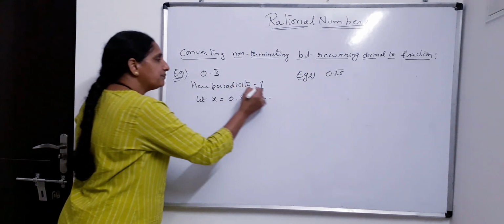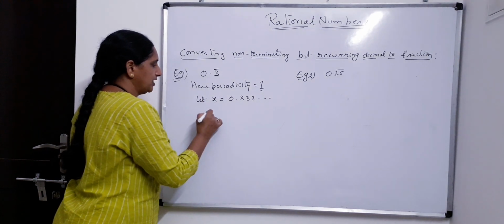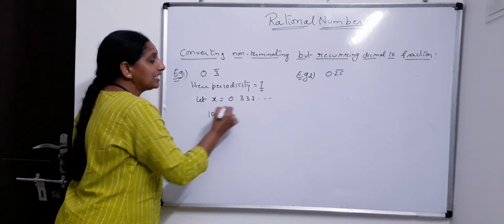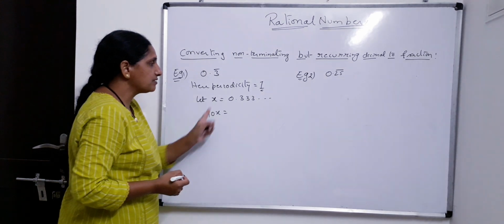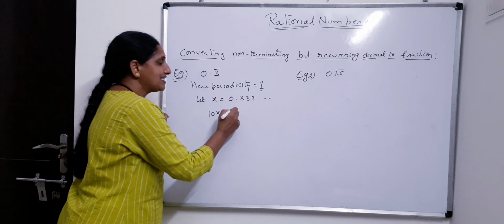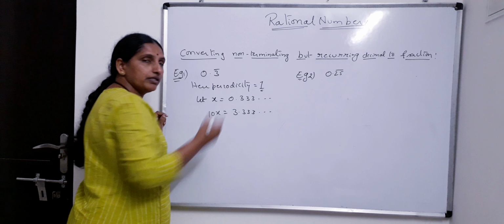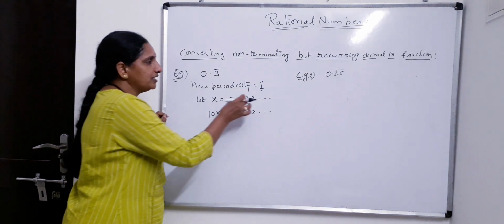Now since periodicity is 1, we are going to multiply this x by 10. Now I am taking 10x. 10x means 10 times of this. 0.3 into 10 is 3 point. Next again, all the 3's will get repeated. How many 3's do you take?